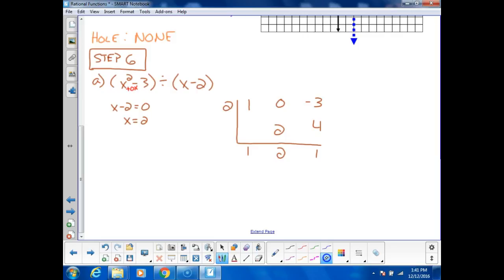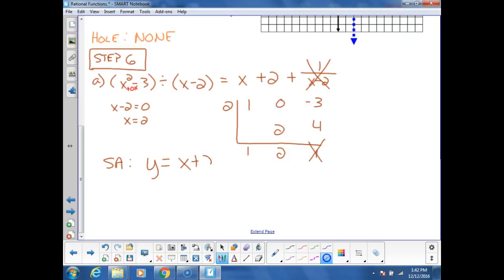Okay, so this says that this is x plus 2 plus 1 over x minus 2, right? If this were a chapter 5 problem, that's where we'd be at. But here, we're dropping the remainder, so my slant asymptote is y equals x plus 2.